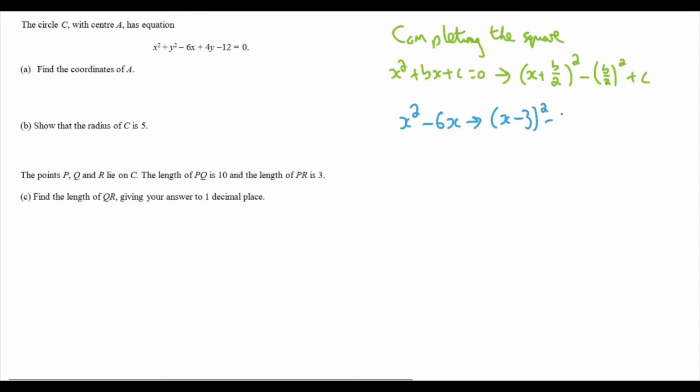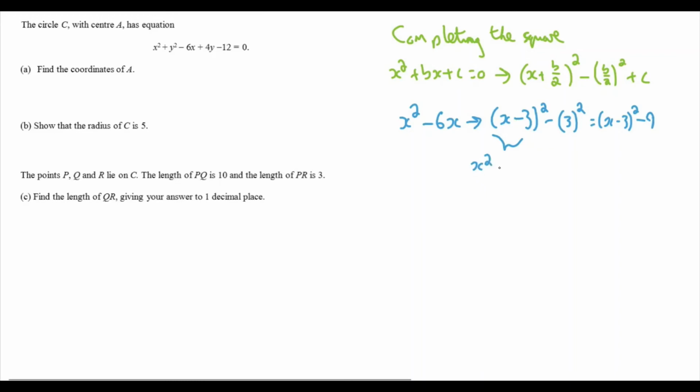Then we're going to take away from that 3 squared. So we have (x minus 3) squared minus 9. Now the reason for this is if we were to just expand this here, so (x minus 3) squared, you'll have x times x, which will be x squared.